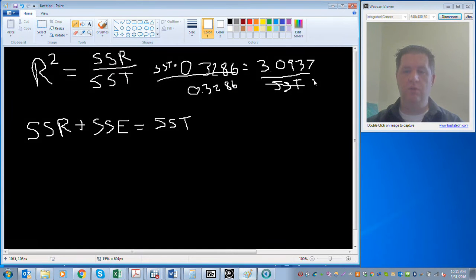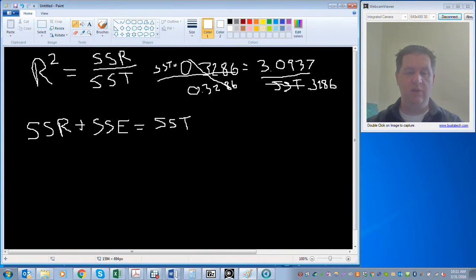So we get the 0.3286 over here, and so we end up with SST, so this goes away. SST is equal to 3.0937 divided by 0.3286.